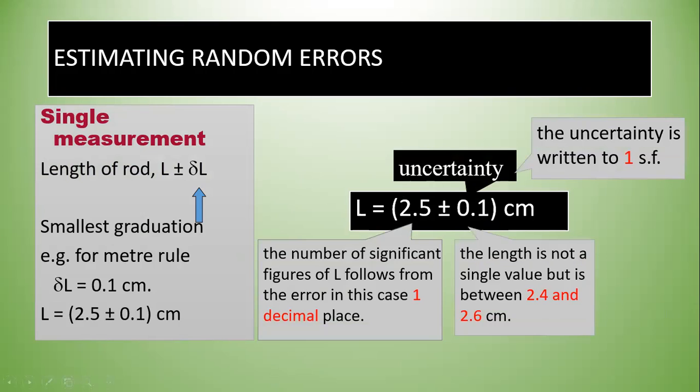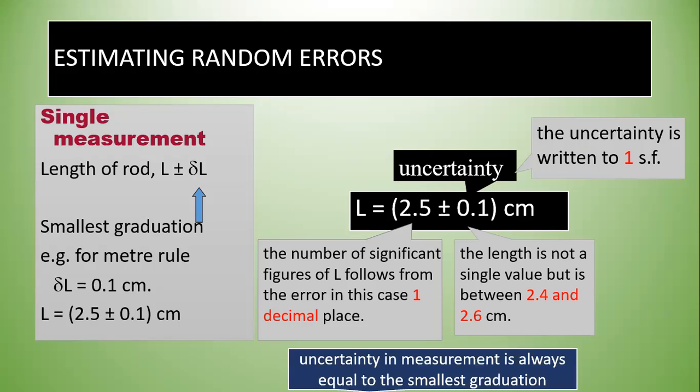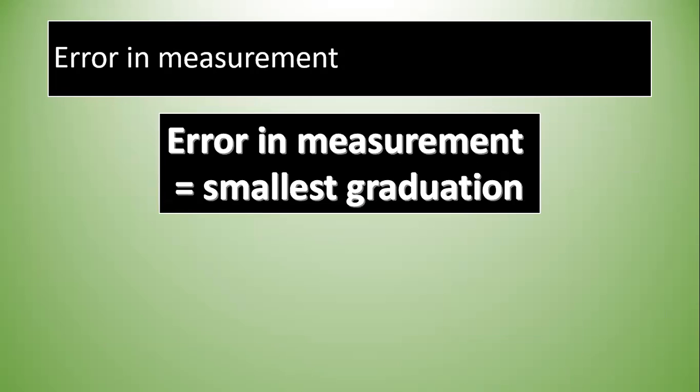Okay, remember, this is telling us the length is not one single value because of uncertainty in the instrument. It is between two limits. We are sure it is between 2.4 and 2.6. Always remember, the uncertainty measurement is always the smallest variation.